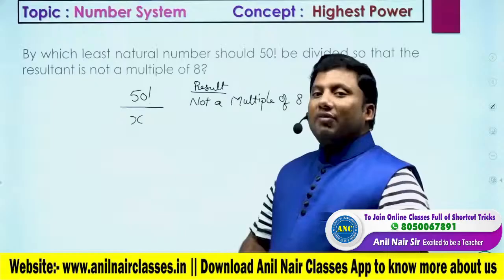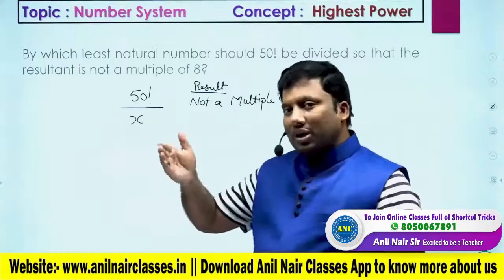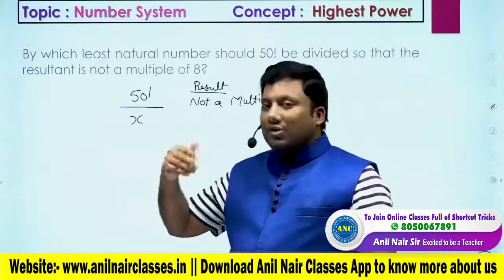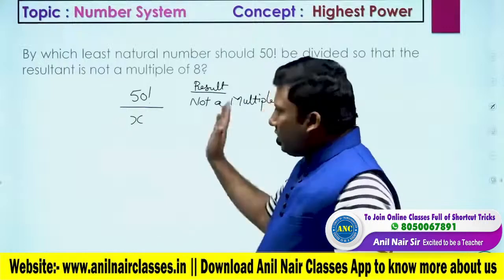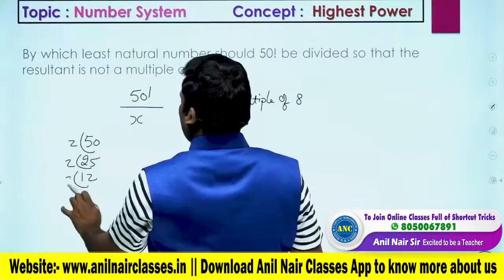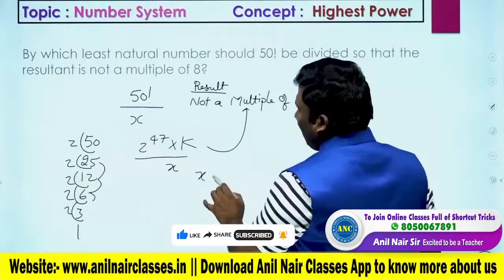It should be 2 cube into something, so that it will be a multiple of 8. We should not get that. What we'll do is go back to 20, to 12, to 6, to 3, and to 1. So these 37, 43, 47. 2 power 40, smallest, right?